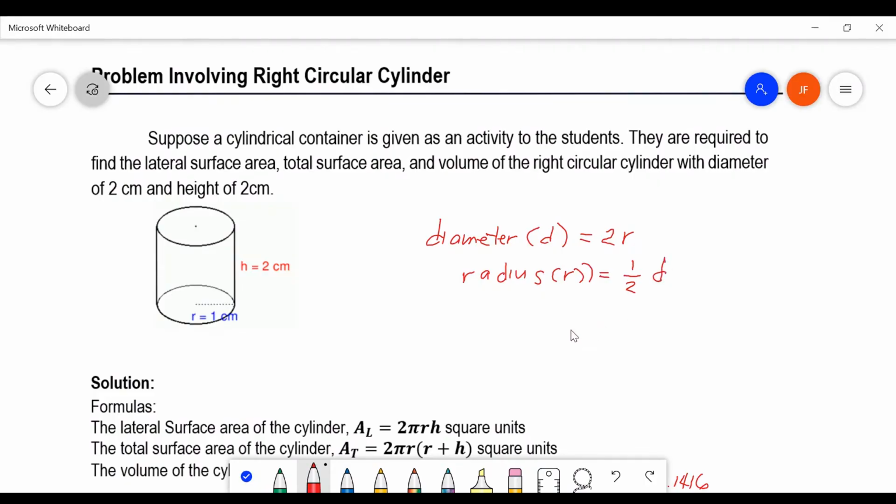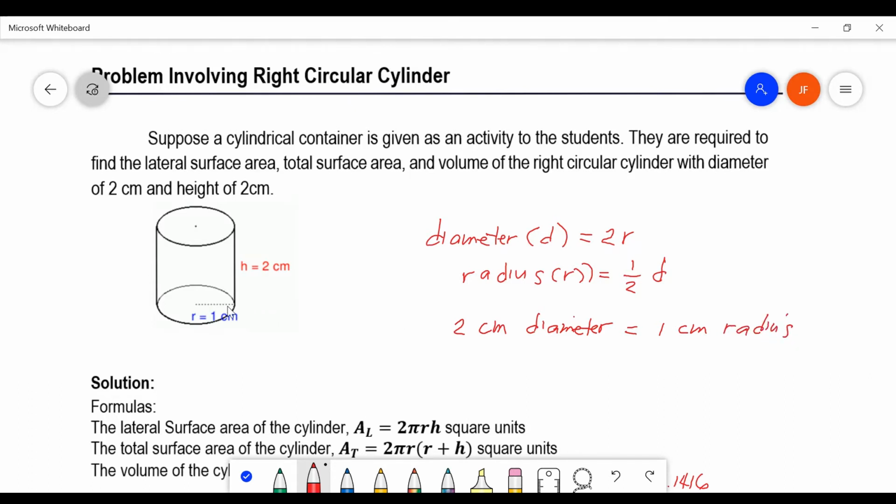Okay, so a 2 centimeter diameter is equal to 1/2 of 2, meaning 2 divided by 2 is equal to 1 centimeter radius.